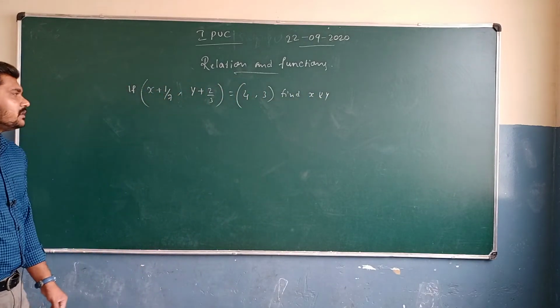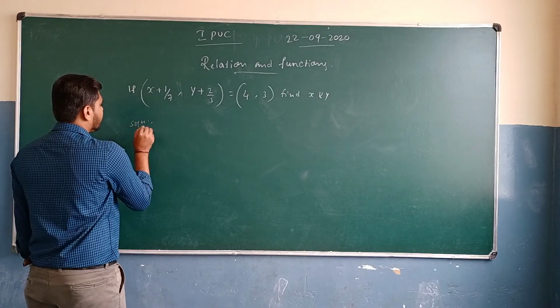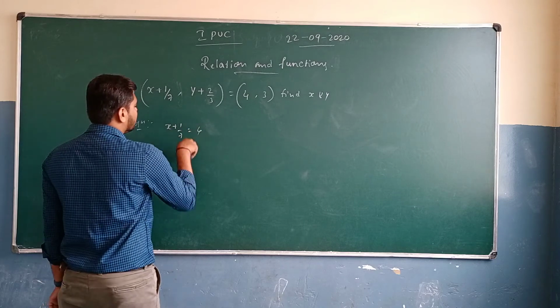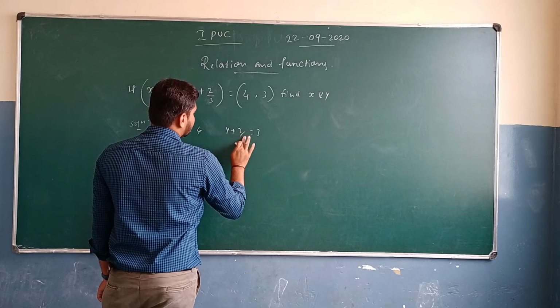So this problem is also similar to the previous one. So the solution is going to be: x + 1/7 is equal to 4, and y - 2/3 is equal to 3.